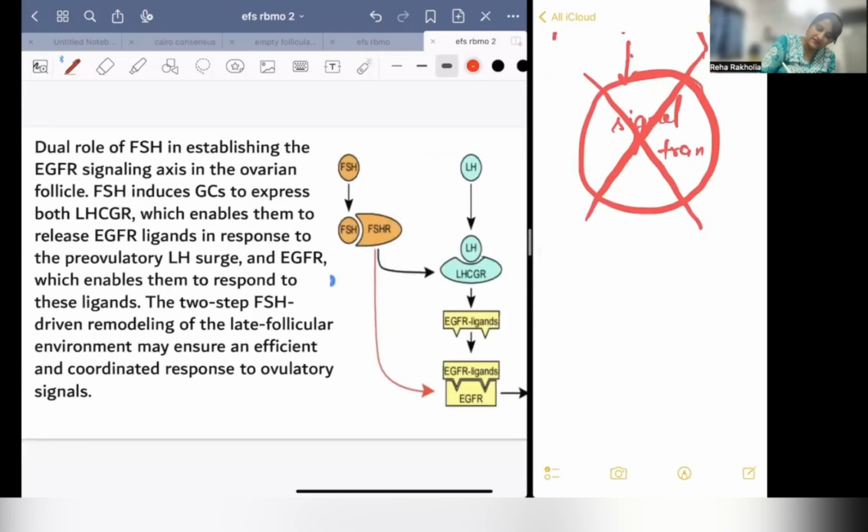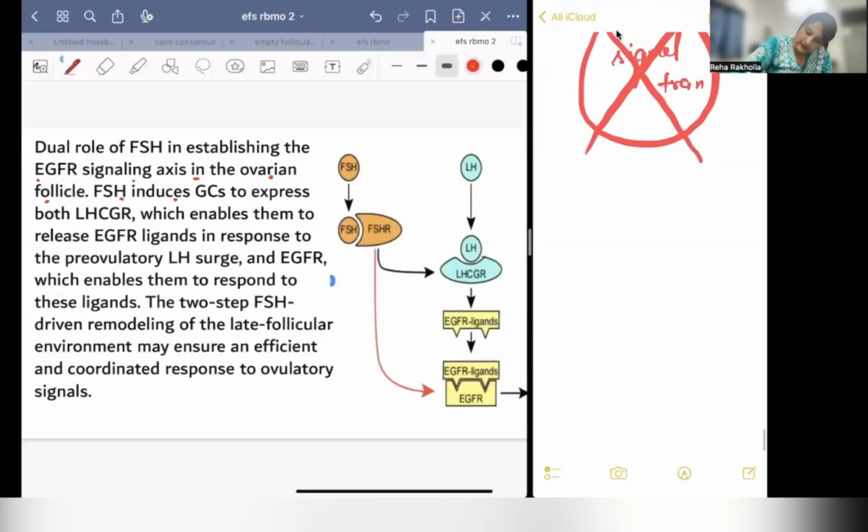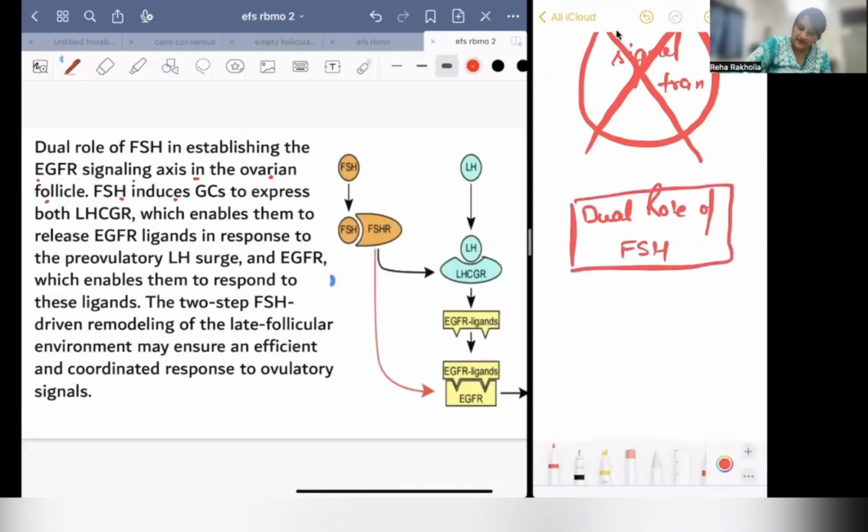Dual role of FSH in establishing the EGFR signaling axis in the ovarian follicle. What is FSH doing?